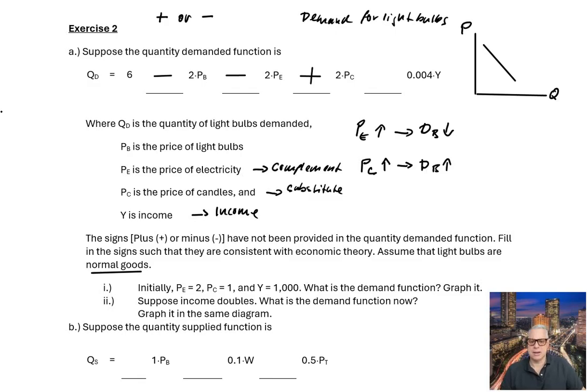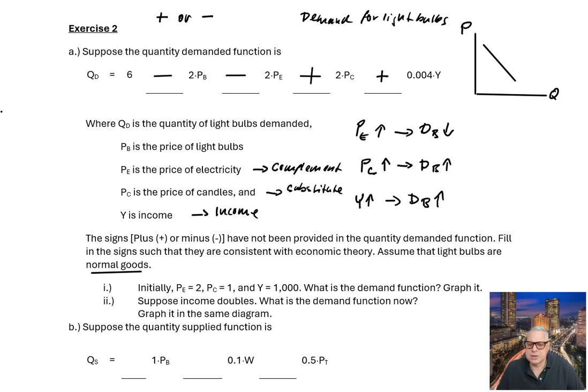And so the idea is if income goes up, demand for light bulbs goes up too, because it is a normal good. So that is positive as well.